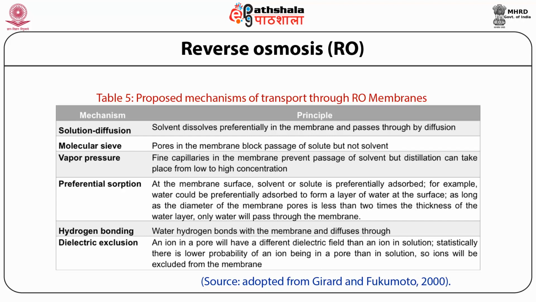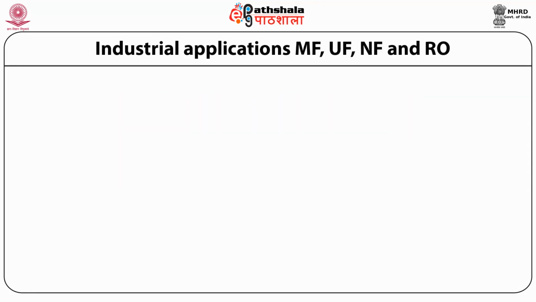And next is dielectric exclusion. It means an ion in a pore will have a different dielectric field than an ion in solution, and statistically there is a lower probability of an ion being in a pore than in solution. So ions will be excluded from the membrane.